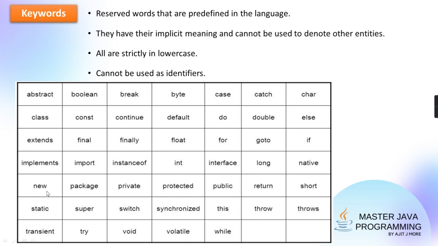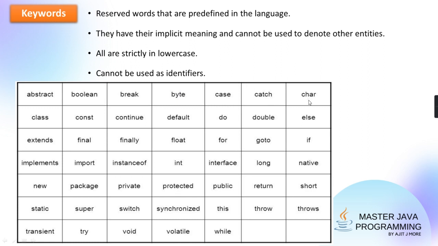Alphabetically, many are there, like abstract. Abstract is equivalent to virtual of C++, but many don't know C++ already, so leave it. But then boolean: in C++ there is bool, here it is boolean. Break, you know. Byte is a new thing in Java. Case you already know.